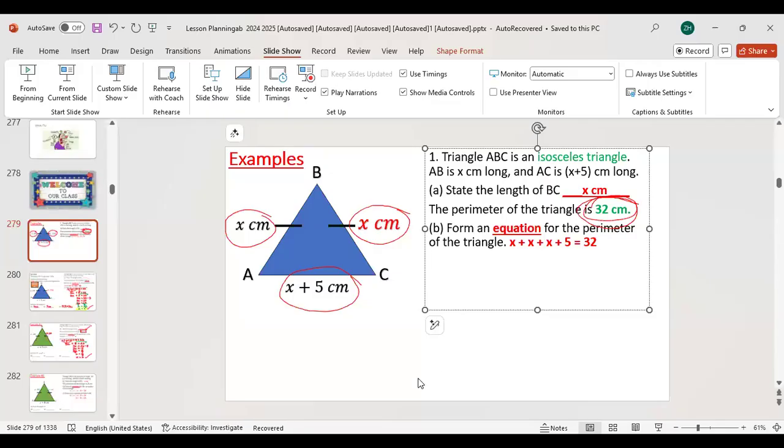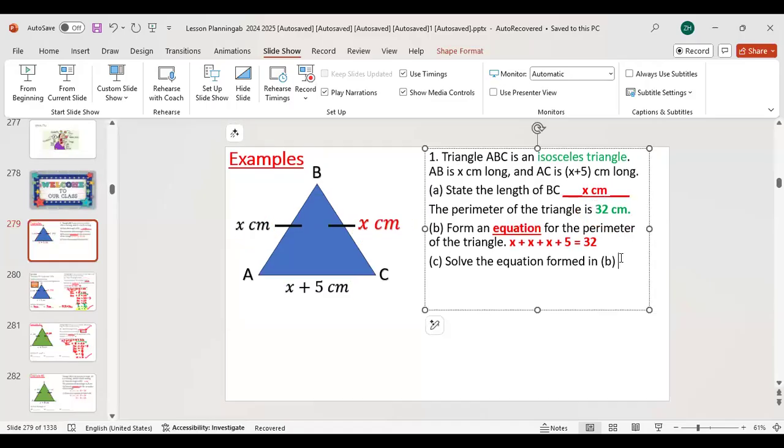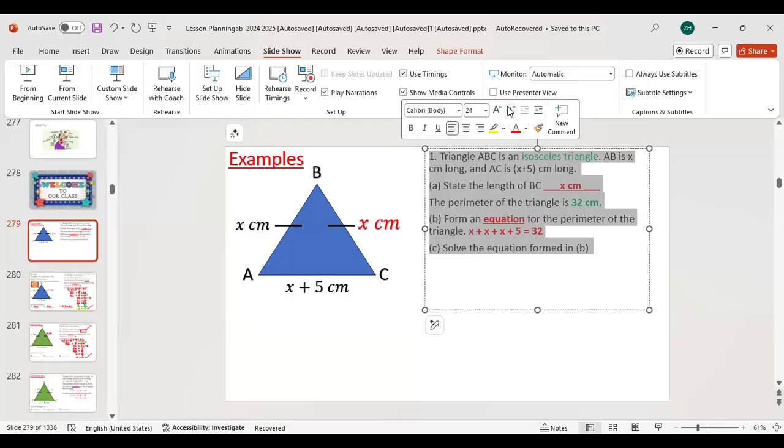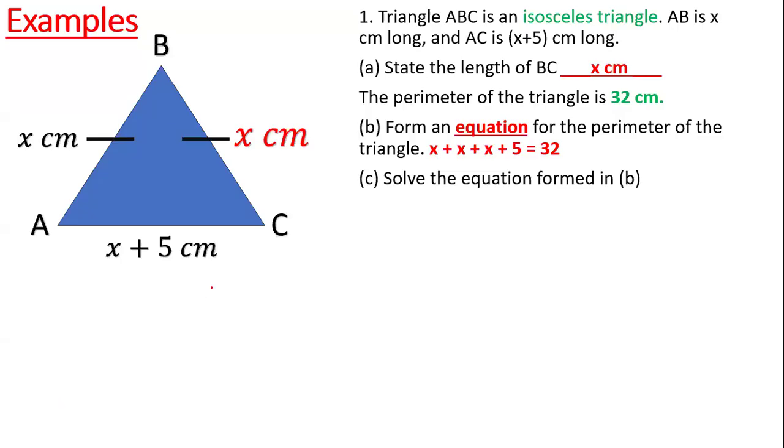Okay. So now, did anyone solve X yet? No one has solved X yet? That's surprising. So we have part C, which is to solve the equation in B for X. So we're going to solve X. I saw it just now.